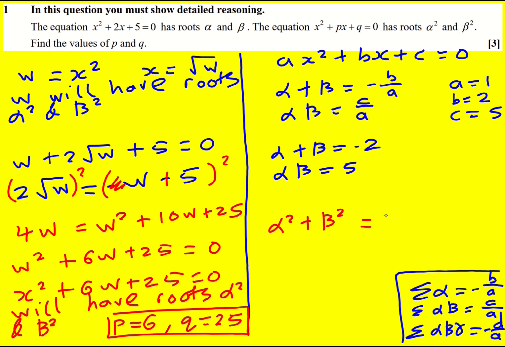Well, this is going to be alpha plus beta squared, but then I'll have to minus 2 alpha beta. You might even just start by squaring it and see what you get, and then realize that you need to subtract it. You can see I'm going to get alpha squared plus beta squared, but an extra 2 alpha beta, so I need to subtract it. And then I'm going to square that minus 2, so it'll be 4 minus 2 times alpha beta, so 4 minus 10, which gives me minus 6.